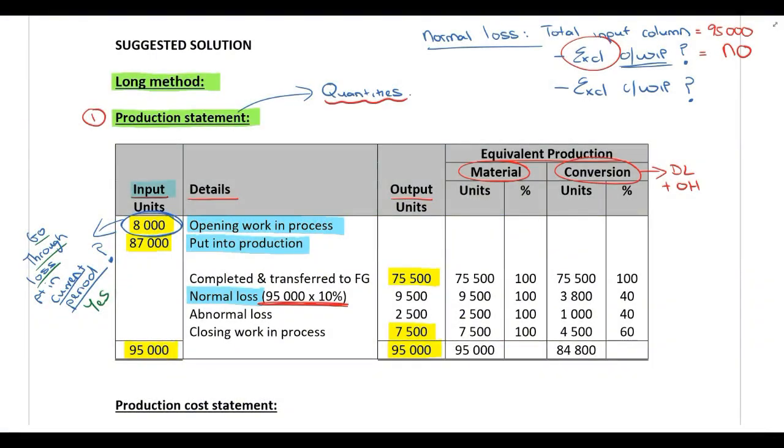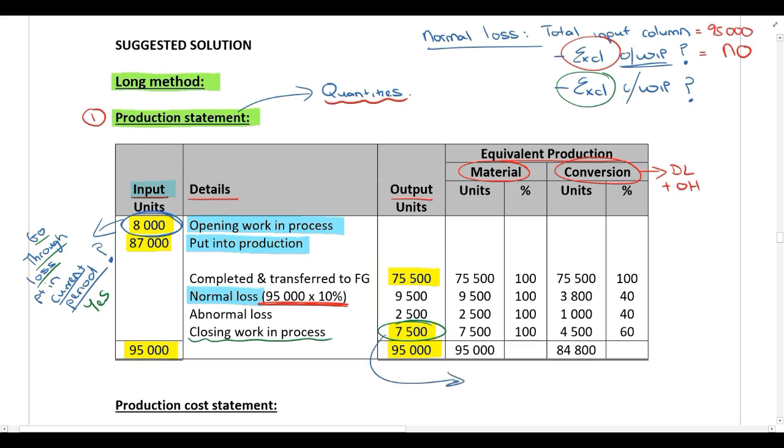Next question you need to ask yourself, do we need to exclude closing work in process? So what am I talking about over here? These 7,500 units that are sitting in closing work in process, do I need to exclude them from my calculation? That's the question that I'm asking. And again, we're going to follow logic and we're going to look at our diagram.